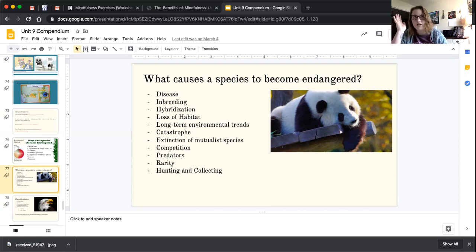And so humans have spent an inordinate amount of time trying to get pandas to produce offspring. And we've been hitherto mildly successful. I will say, when a species becomes endangered, you lose a lot of the genetic diversity that was present in the native population, right?